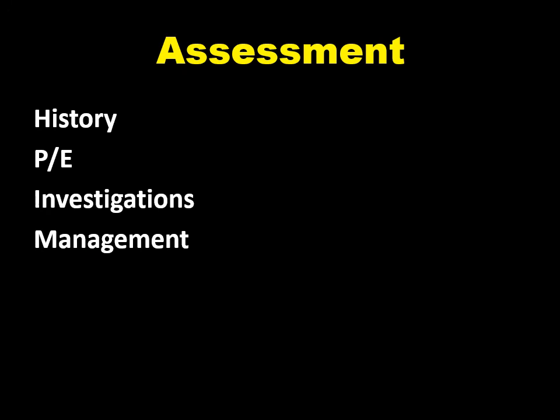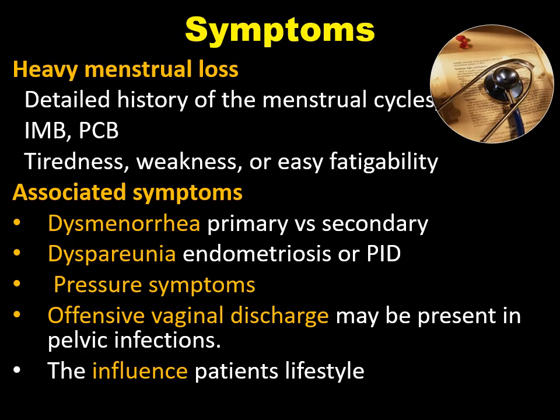So, how to assess a patient when she presents with abnormal uterine bleeding? First of all, you have to take a history, do a physical exam, have a differential diagnosis, request your investigations, then reach a final diagnosis and plan your management.